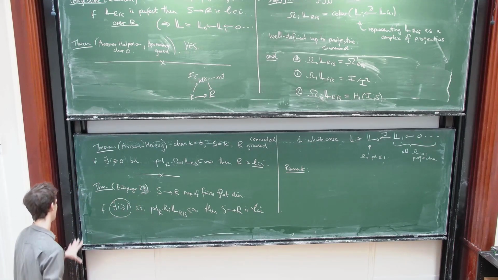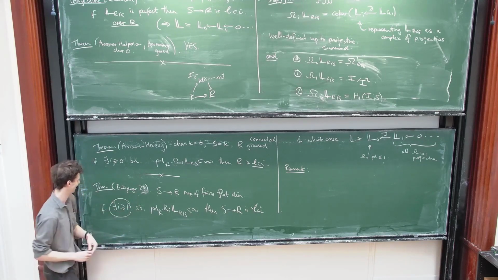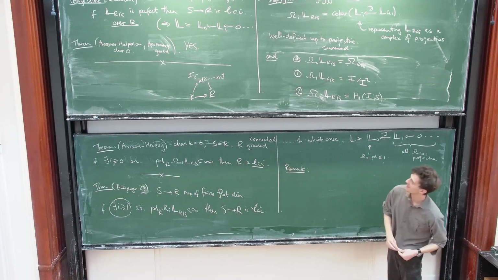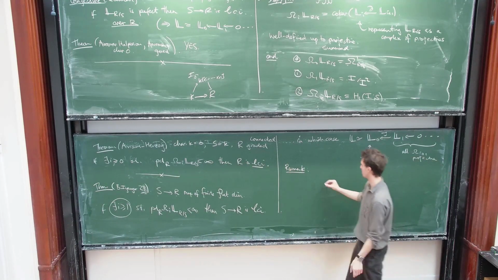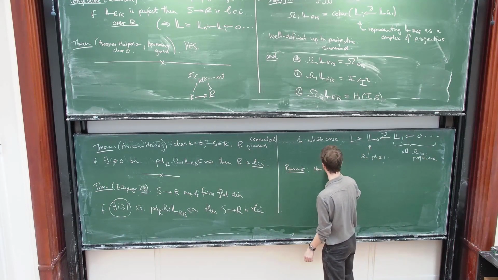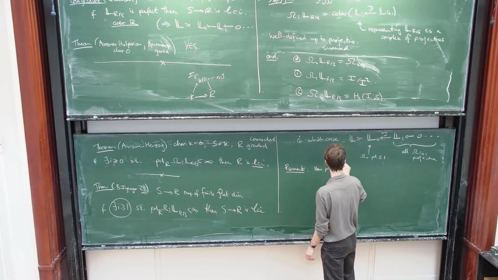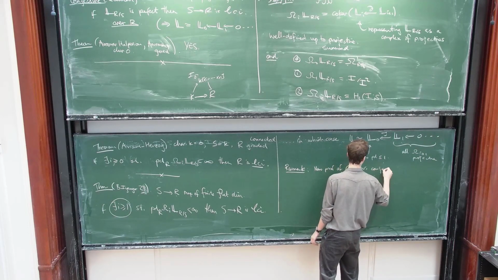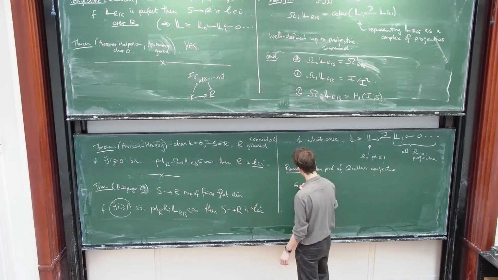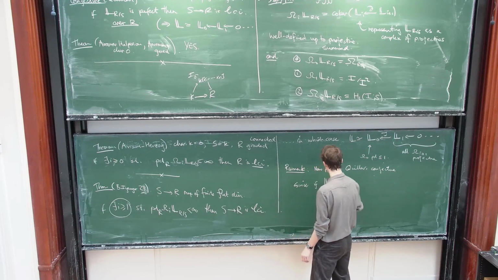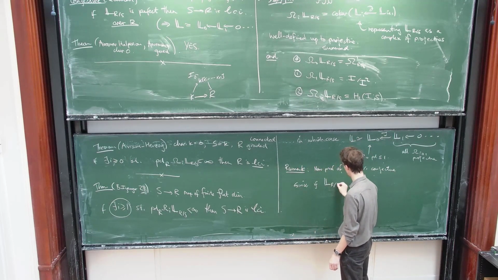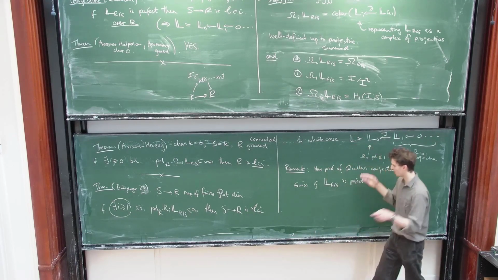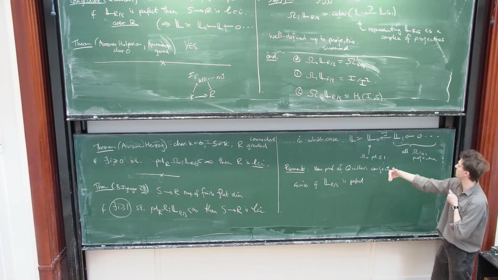Yeah, so we're planning on proving this. Okay, so just a remark is that this is a proof of Quillen's conjecture. If this is perfect, then it's a bounded complex of finitely generated projectives, and then you do the syzygies construction.